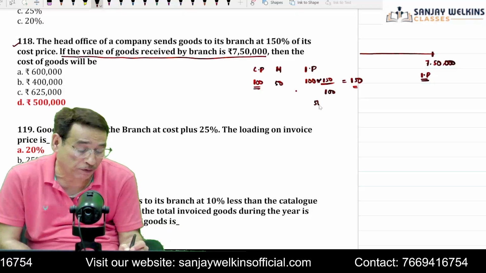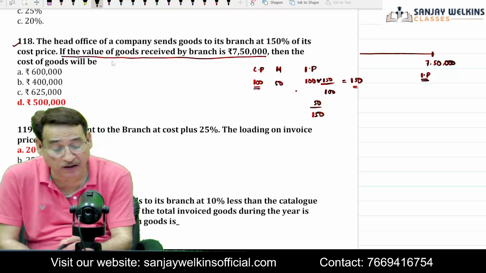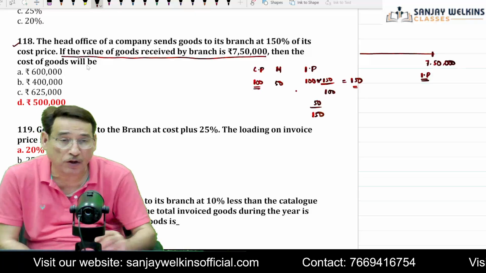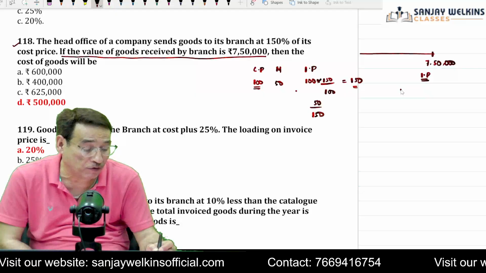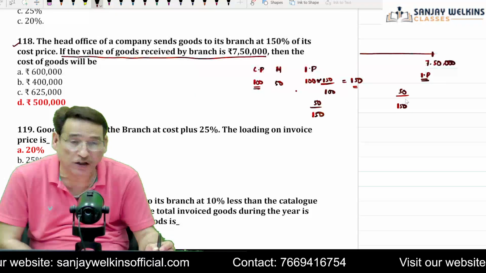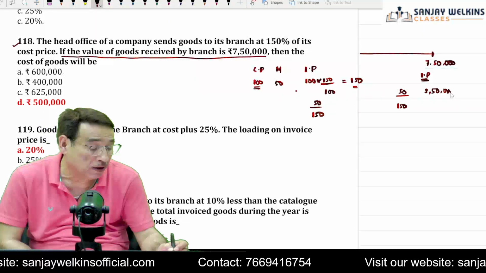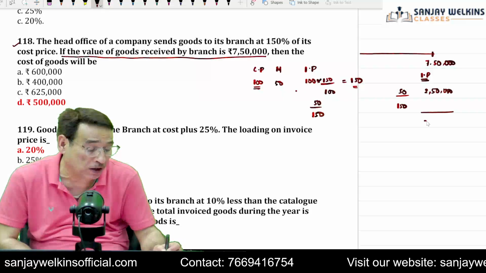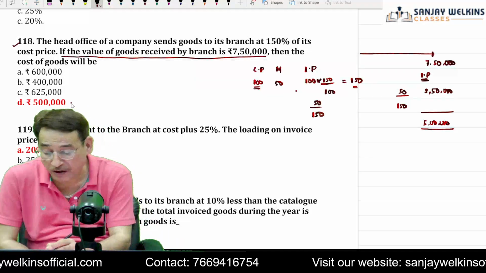So rate of loading on invoice price will be 50 by 150. Now the question is simply asking what will be the cost of the goods? In order to know the cost of the goods, first of all, I will have to find out the loading. So loading will be 50 by 150, that is 1/3. If I apply 1/3, it will be equal to 2,50,000. So 2,50,000 is the loading, so cost of the goods must be equal to 5 lakh. So 5 lakh will be your correct answer in this case.